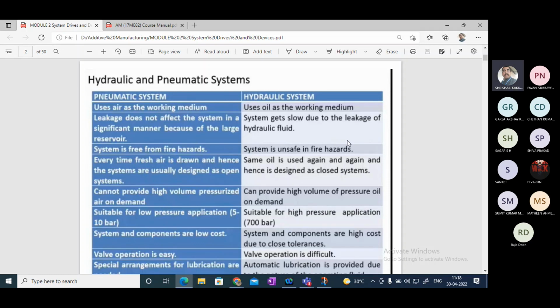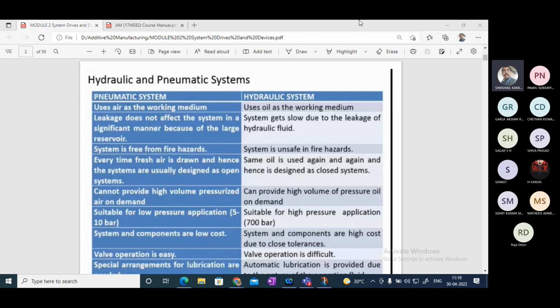And what about the leakage? If there is a leakage in the pneumatic system, there will not be much of a problem, because leakage is quite common in pneumatic systems. In very big companies, where I worked and manufactured machines, 99% of all the machinery used pneumatic systems.